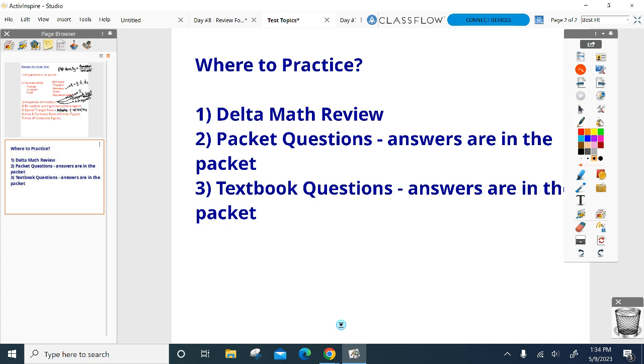So there's 11 questions in your packet to try, and at the bottom of page 26 are the textbook questions I'm suggesting. All of those answers are on the following pages in your packet, and then the Delta Math is on there as well. So plenty. I know that seems like overkill, but I know some of you are pretty hardcore, and I respect that when you study. So I wanted to make sure you had enough questions to try out.